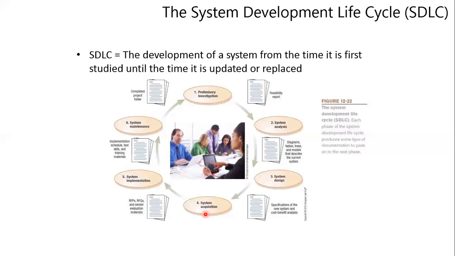Then you have system acquisition, that is development, integration, and testing. In the development phase, that is acquisition, the real code is written. Integration and testing brings all the pieces together into a small testing environment, then checks for errors, bugs, and interoperability. Then the system implementation, that is installation and deployment.